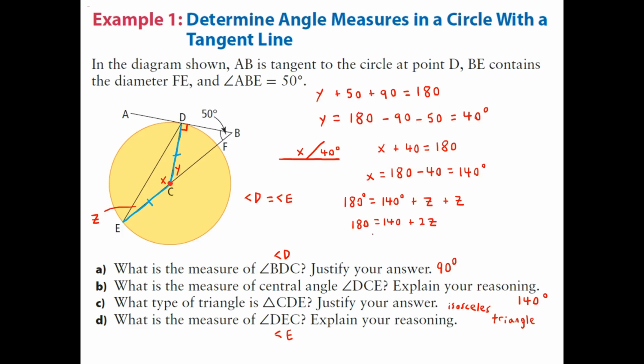If I subtract 140 from both sides, I have 40 degrees equals 2Z. If I divide both sides by 2, I get 20 equals Z. So angle E is equal to 20 degrees.